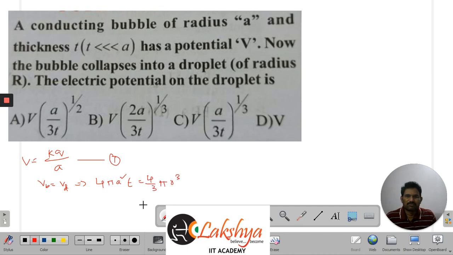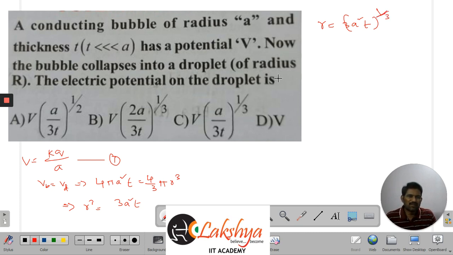So you can simplify this: the 4 pi you can cancel on both sides, and r cube is equal to 3a square t. Therefore r is equal to (3a square t) whole power 1 by 3. So that is our radius.